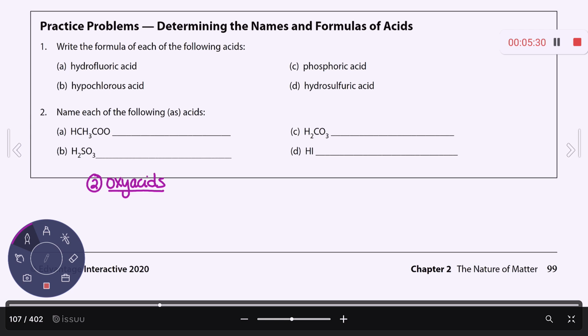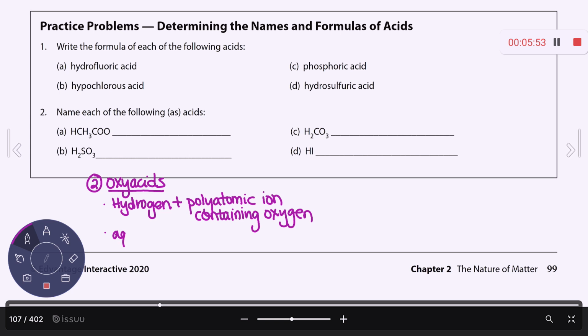Oxyacids contain oxygen, so this will be hydrogen followed by a polyatomic ion containing oxygen. And when you write these chemical formulas, the AQ is not required, okay? If you put it on there, great, no big deal, it's fine.